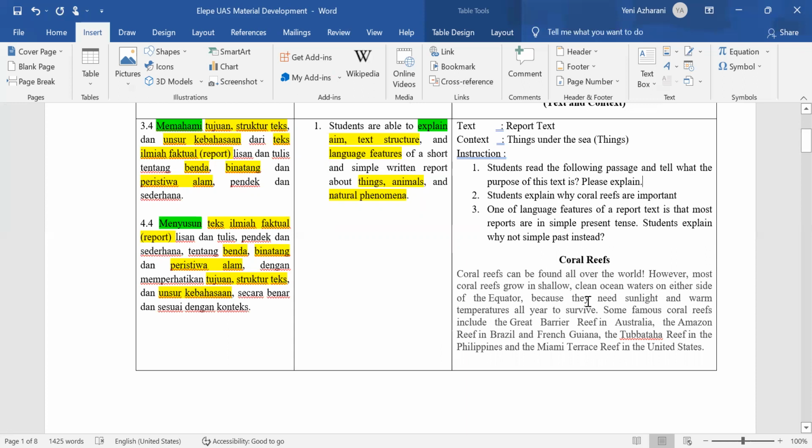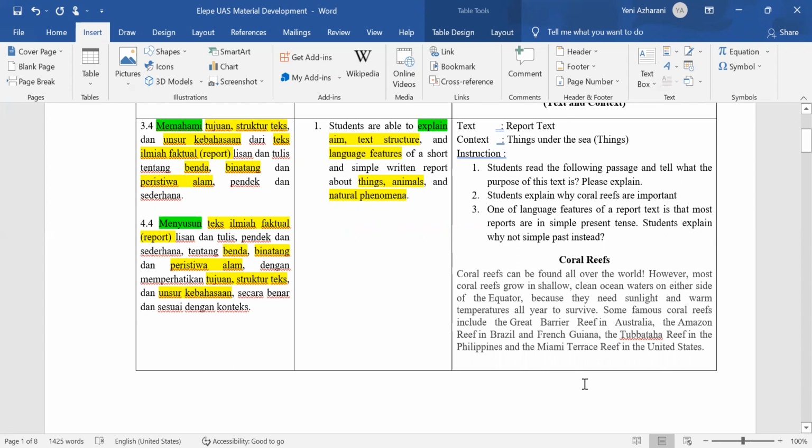We know that various texts give different purposes, and the purpose of the report text is to inform the reader about a case. Then the second one is the students explain why coral reefs are important.